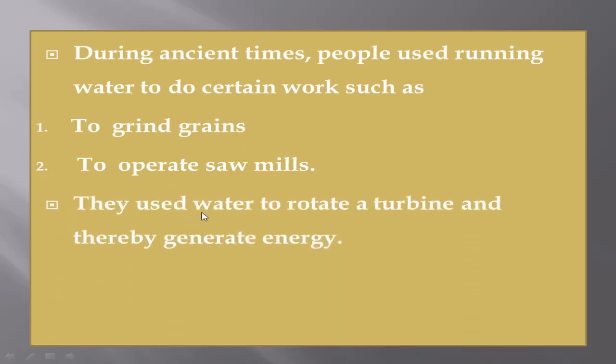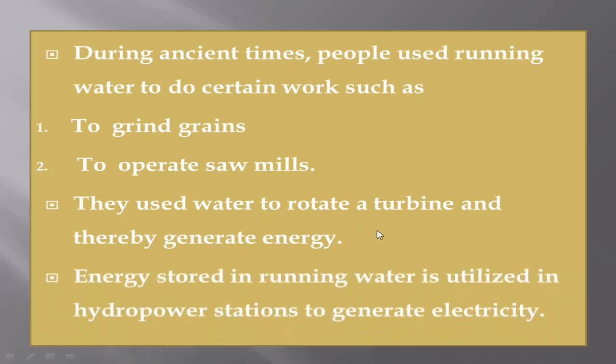Next one, they used water to rotate a turbine and thereby generate electricity. The energy in the water can be used to rotate a turbine, and while rotating the turbine, electricity can be generated. Energy stored in running water is utilized in hydropower stations to generate electricity. In the previous picture you saw the structure of a hydropower station, where electricity is produced by water.